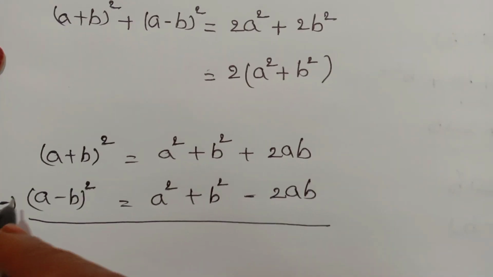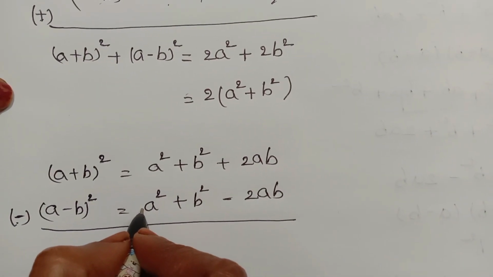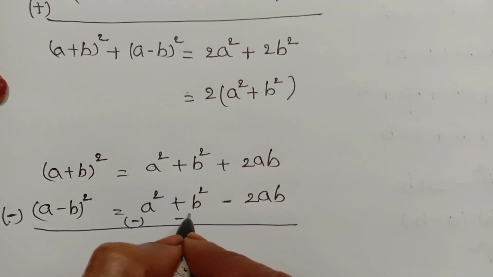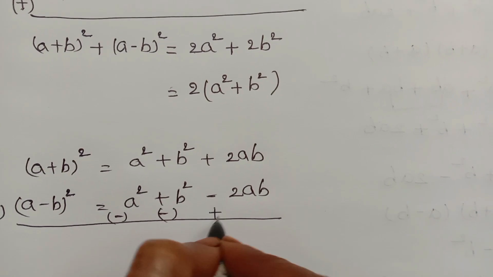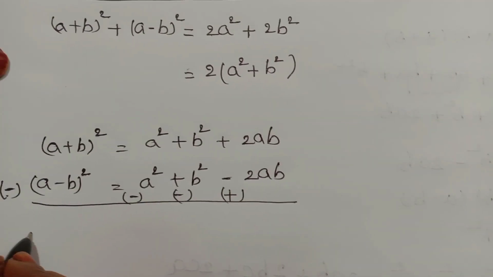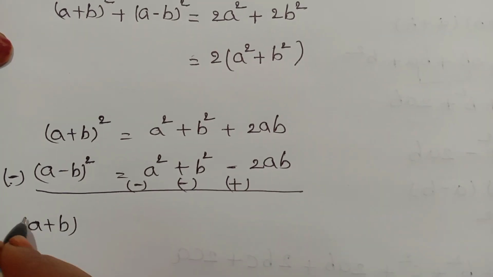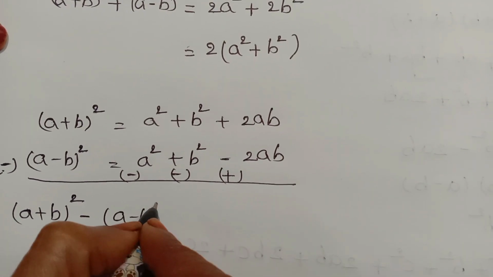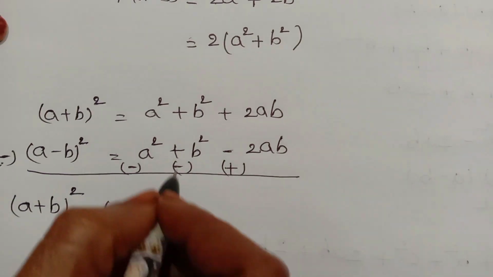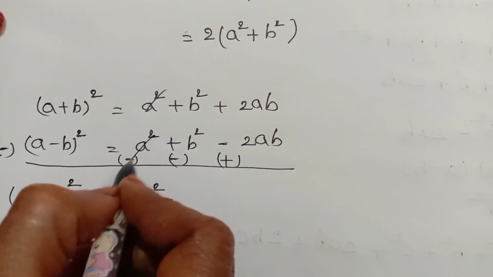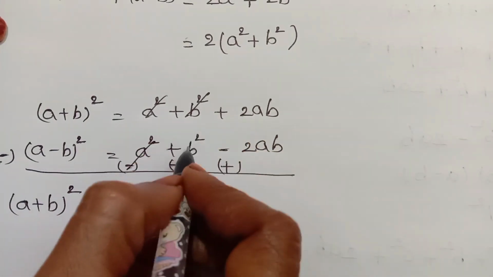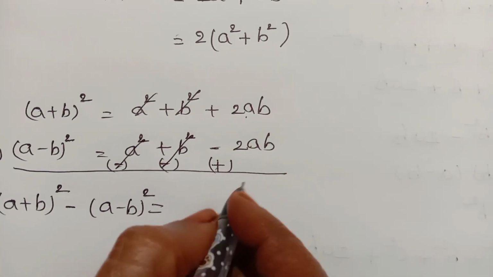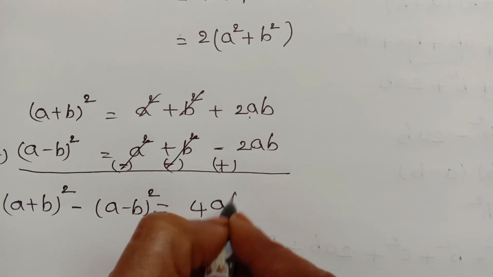Subtract. The signs change: plus, minus; plus, minus; minus, plus. (a + b) whole square minus (a - b) whole square is equal to a square minus a square cancel, plus b square minus b square cancel, plus 2ab plus 2ab, 4ab.